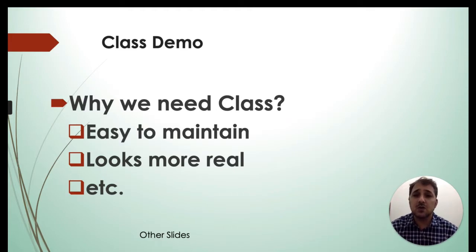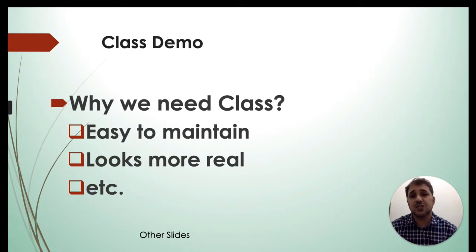Okay, so these are the basic reasons why we need classes and objects. The easy definition is that classes and objects look real and are easy to maintain. Okay, why easy to maintain? Because the properties are in a separate area, and the functionalities are in a separate area.